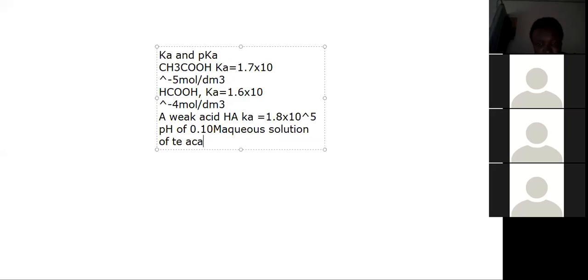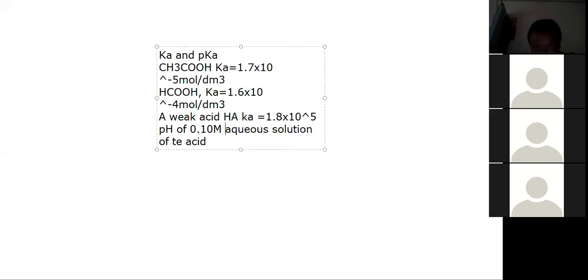Can we try our hands on it? So the question states that a weak acid, HA, has an acid ionization constant equal to 1.8 times 10 raised to the power minus 5.